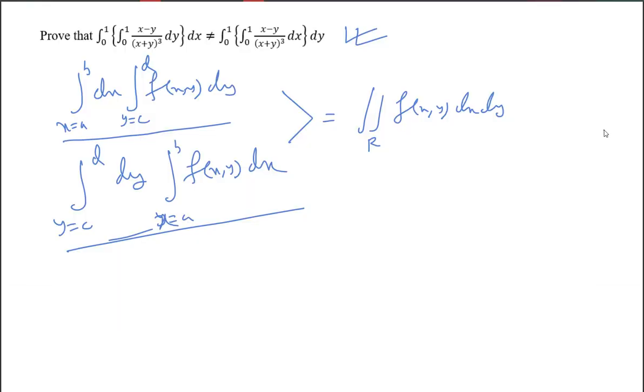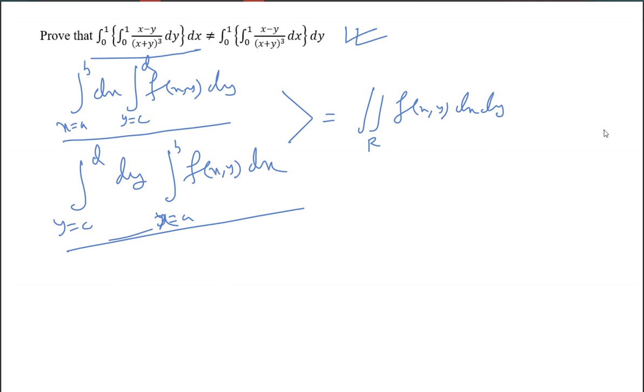So you see, you integrate these two integrations. First, you can do the integration 0 to 1 of (x minus y) by (x plus y) whole cube dy. First integrate this portion with respect to y, then integrate with respect to x, and check. The same integrand: first you integrate with respect to x, then with respect to y.